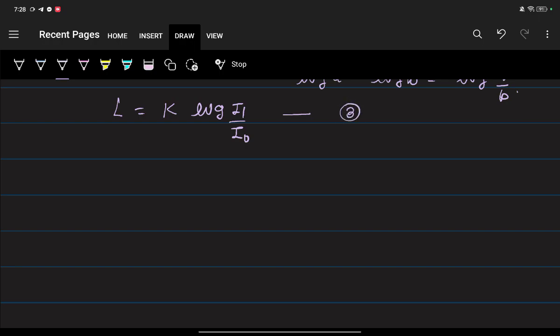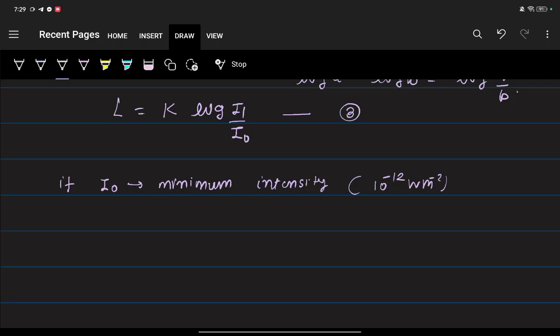So if I0 is the minimum intensity, of the order 10 raised to minus 12 watt per meter square, of an audible sound at frequency 1 kilohertz, then L is called the sound level.